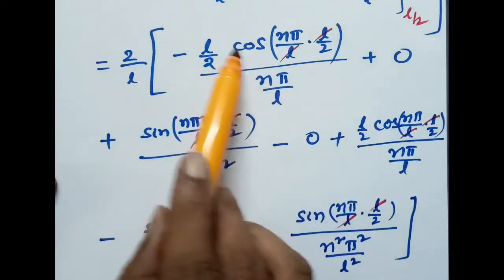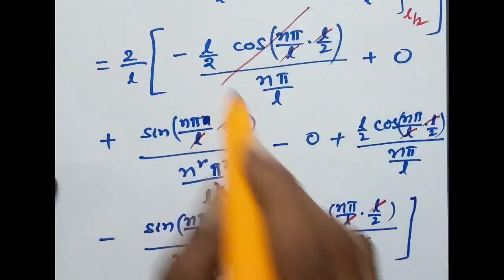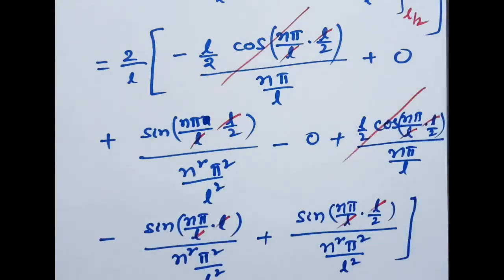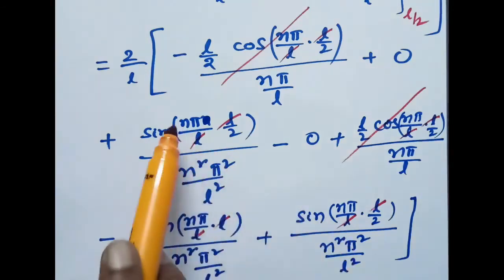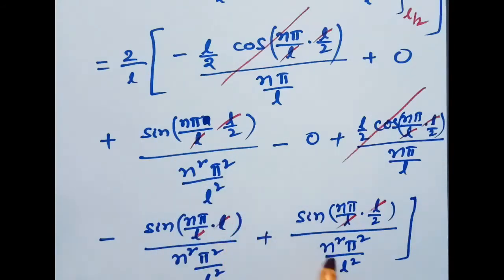These two quantities get cancelled. Now here sin n pi, this value becomes 0. Therefore these two values are the remaining quantities. Therefore this is 2 times sin(n pi by 2) by n square pi square by L square.